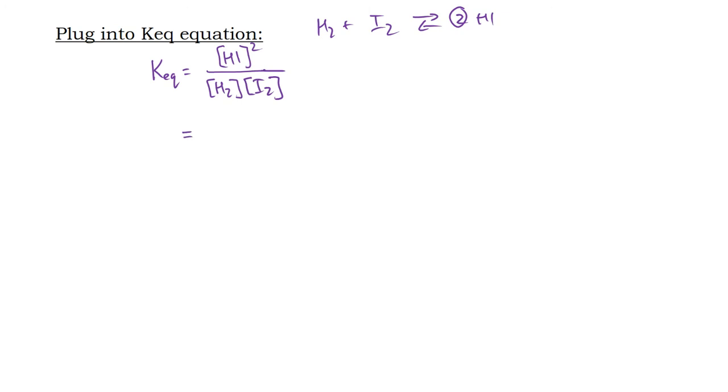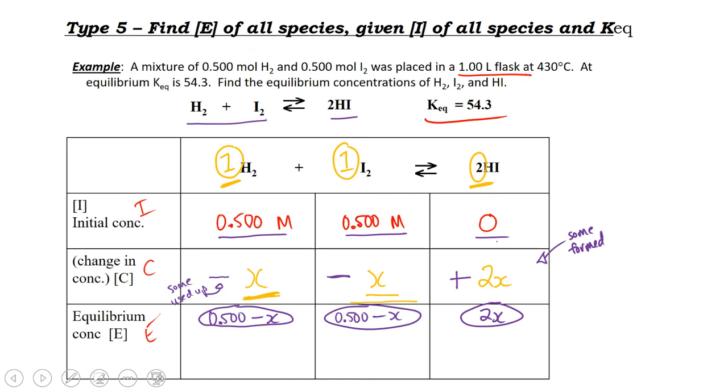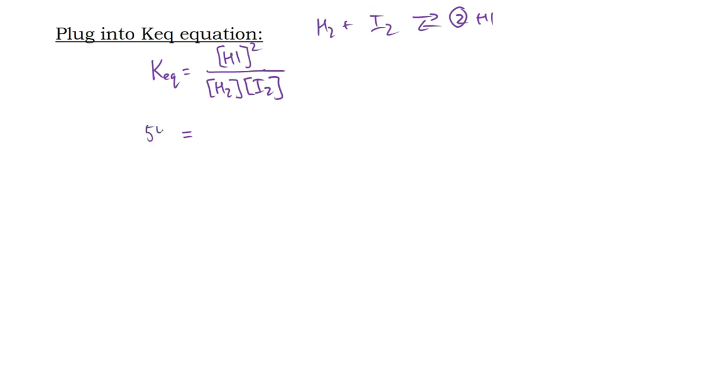Okay, so if we just quickly flip back here, don't forget I gave you the KEQ value, 54.3. On the right-hand side, here's where it's just going to get a little more difficult to solve. When I'm plugging in my equilibrium concentrations, I'm not plugging in nice simple numbers, I'm plugging in these expressions. So from the table, my HI I had as 2X, and that needs to be squared in this equation.